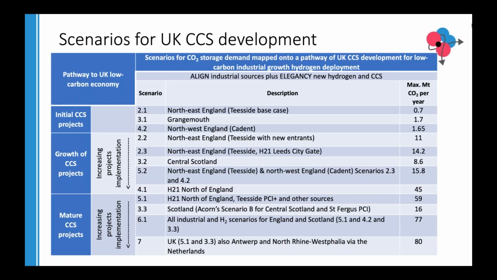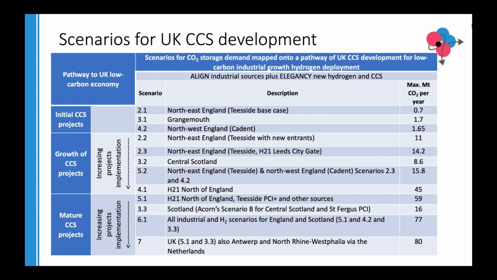So this table summarizes the scenarios that we have developed. As I say, it's split into three different levels of potential growth, or levels of implementation, development of CO2 storage. And the column on the right, so we have a number of different scenarios that chart different levels of ambition.